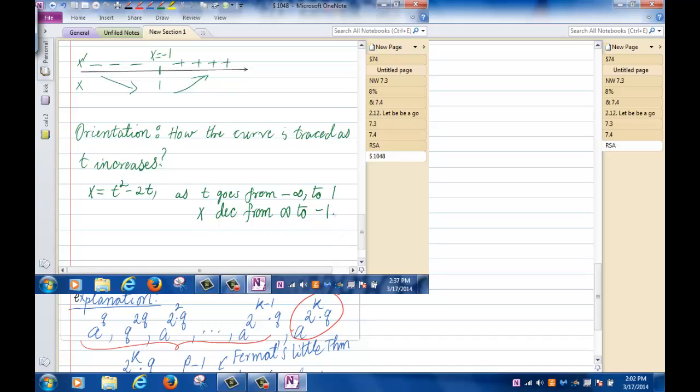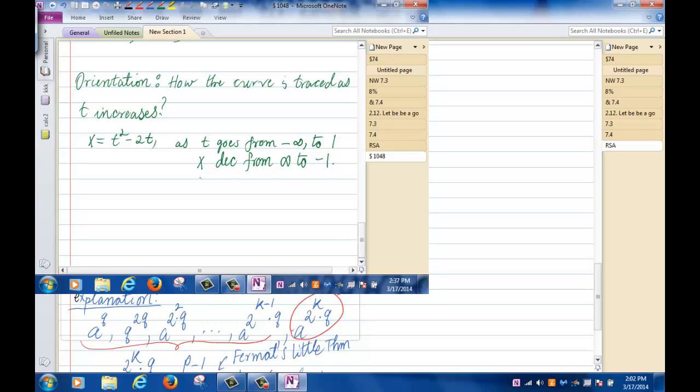And then what is happening to x? As t increases from 1 to infinity, x increases from negative 1 to infinity again.